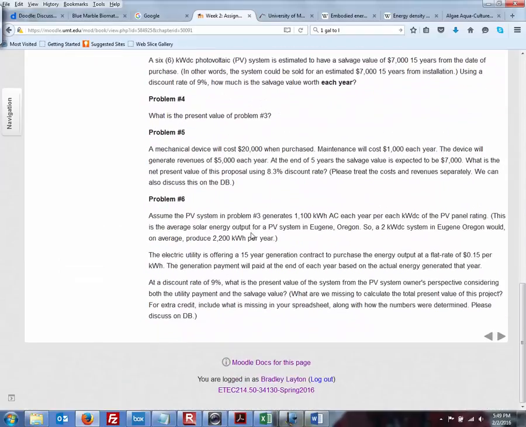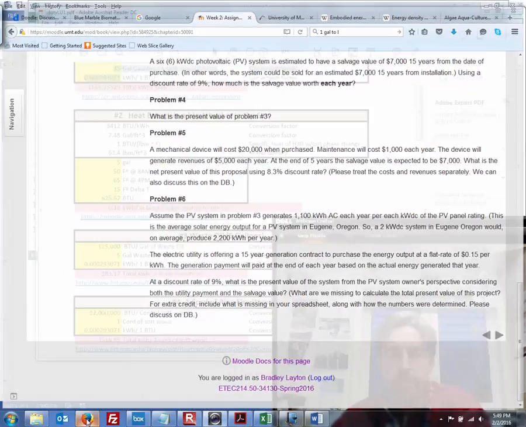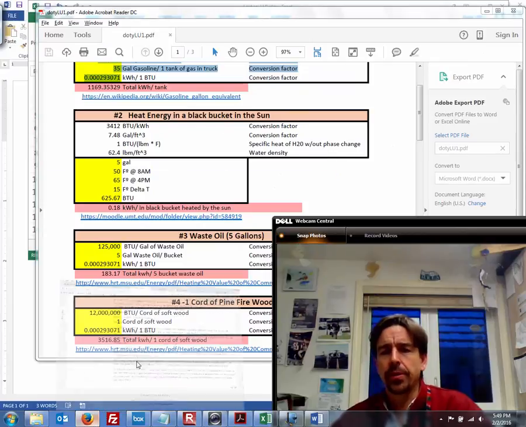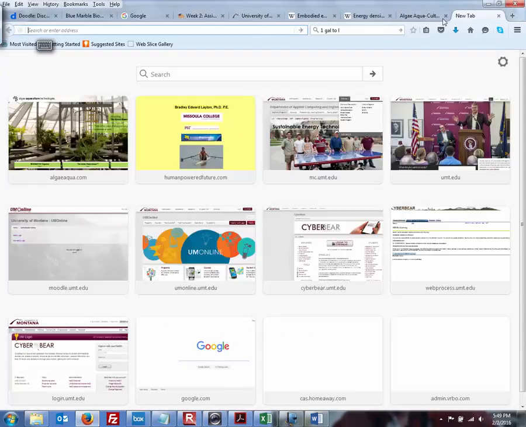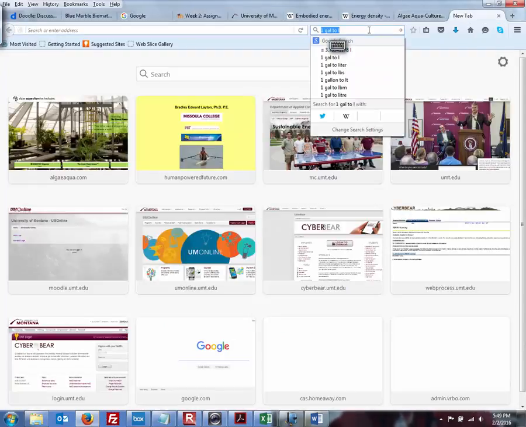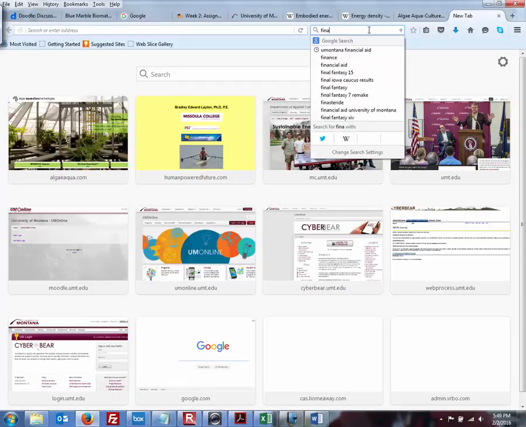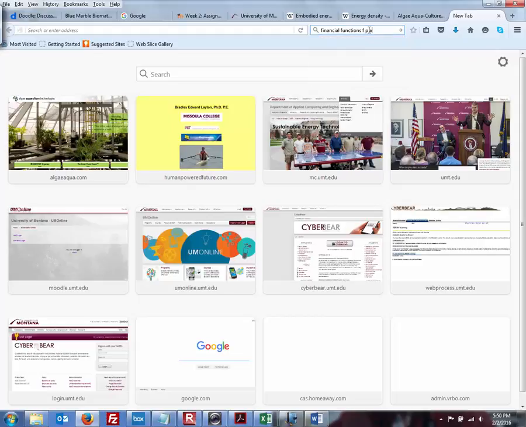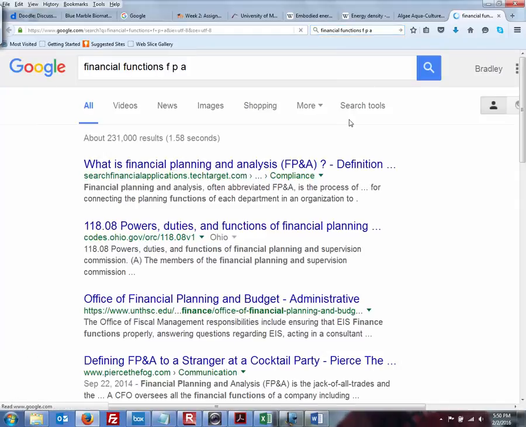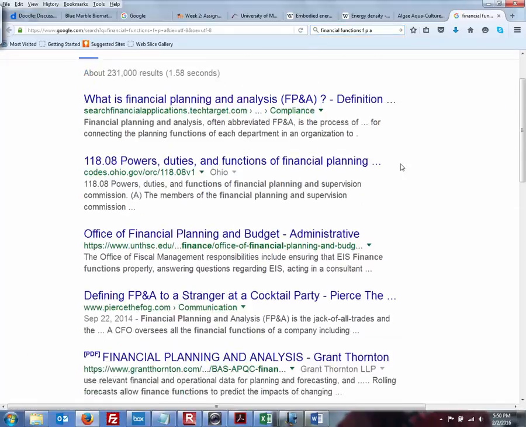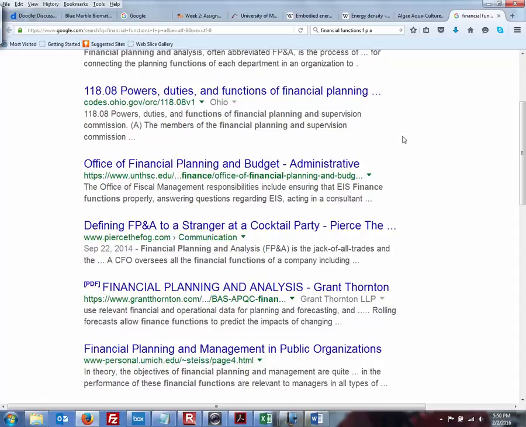Okay. Now, I think I actually found a pretty good financial function. Usually I have you button. Future value.